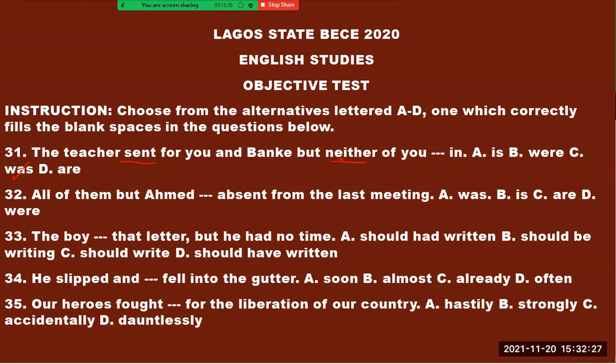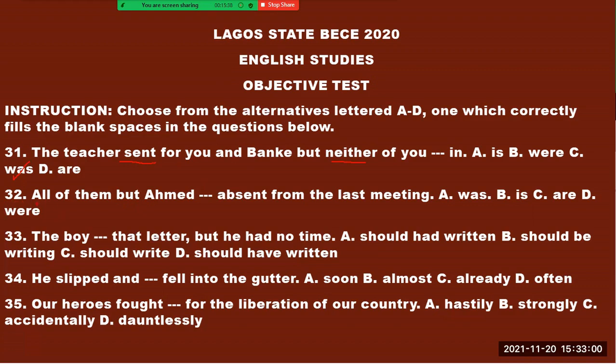Again, you can look for a video I uploaded on rules of concord. I've uploaded a video in which I discuss 25 rules of concord in English, and you will find the rules that govern what we call grammatical concord, which is agreement between parts of a sentence in English.